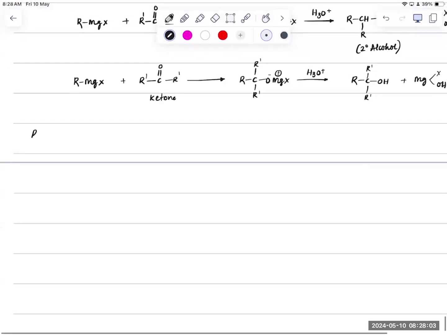Generally, if you take the rate of reaction, the less crowded, the more is the reactivity.